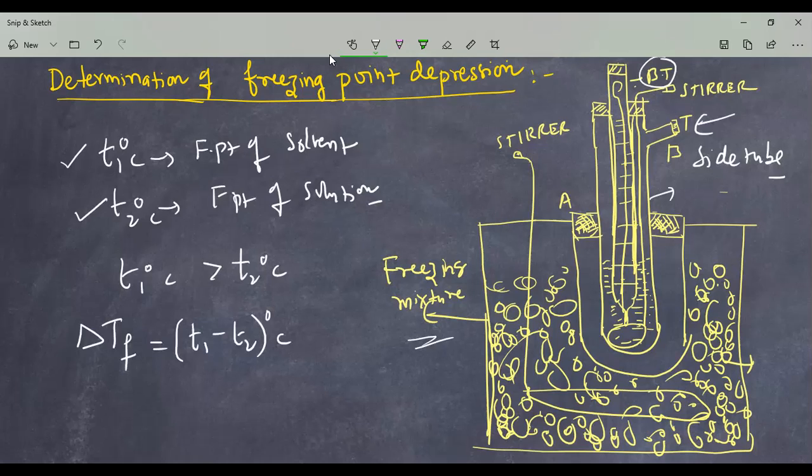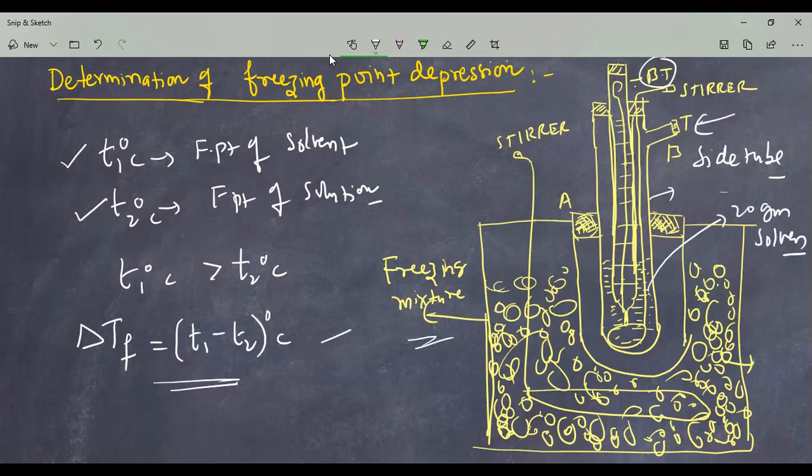In that, we must know the non-volatile solute amount, the amount of solvent, the depression in freezing point, and the molar depression constant of the solvent. Then only can we find the molar mass of the non-volatile solute. In this experiment, we first take approximately 20 grams of solvent.